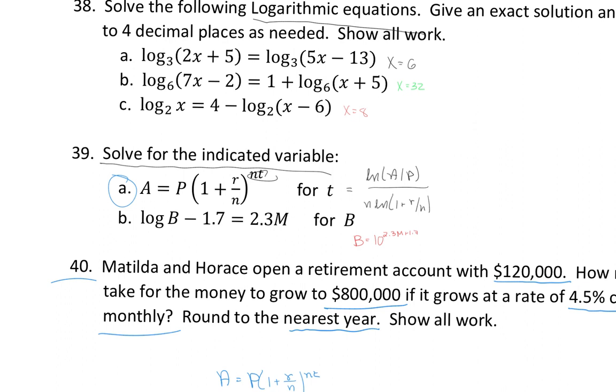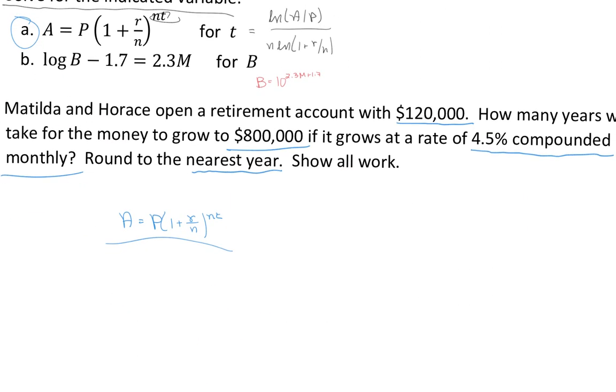So we know that we're looking for t, so we can use the equation we already determined. I'm going to skip a step here: t was equal to natural log of A divided by P, over n natural log of 1 plus r over n. Now what does each of our pieces mean?